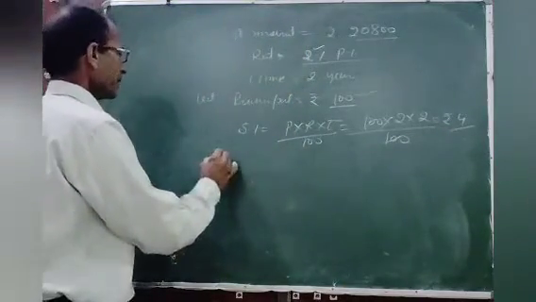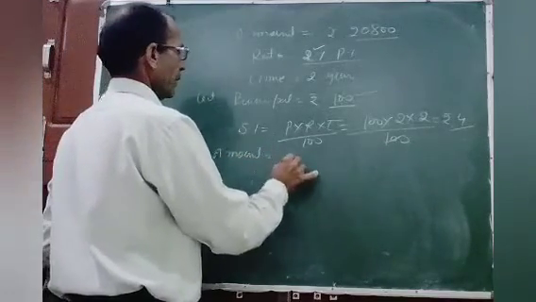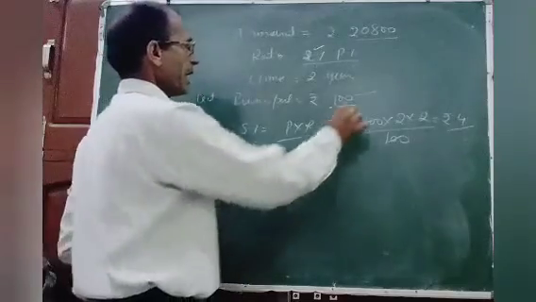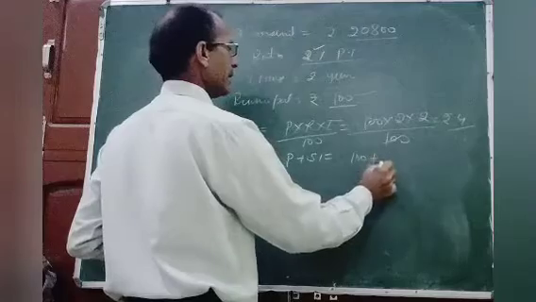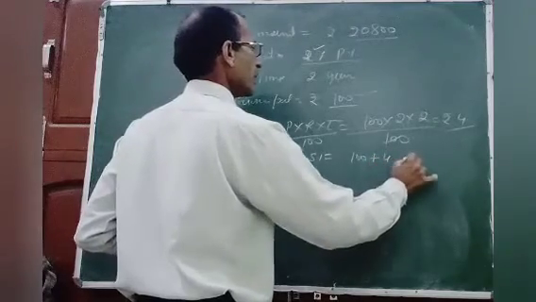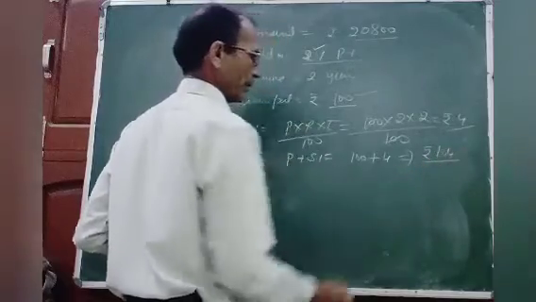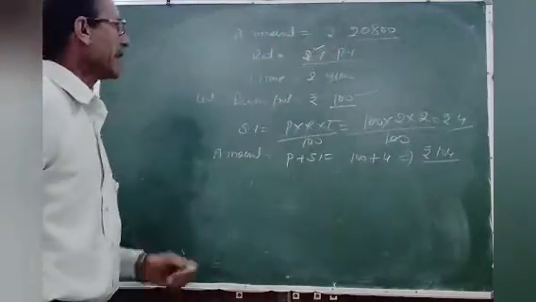Now amount, principal plus simple interest. So what is principal? I assume 100 and interest is 4. So it will be rupees 104.